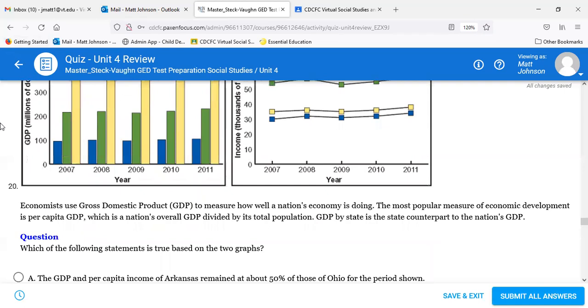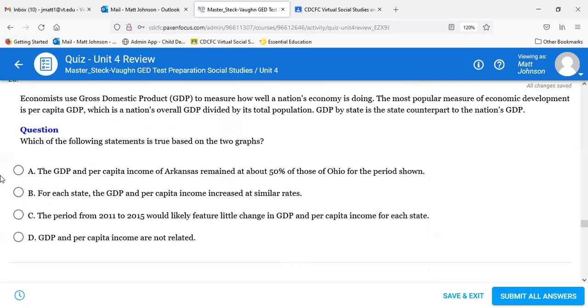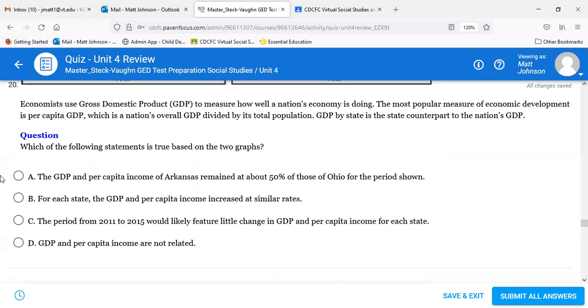Okay, so let's take a look here. Number 20. Let's go with Tracy. You read number 20 for us. Yes. 20, which of the following statements is true based on the two graphs? A, the GDP and per capita income of Arkansas remained at about 50% of those of Ohio for the period shown.